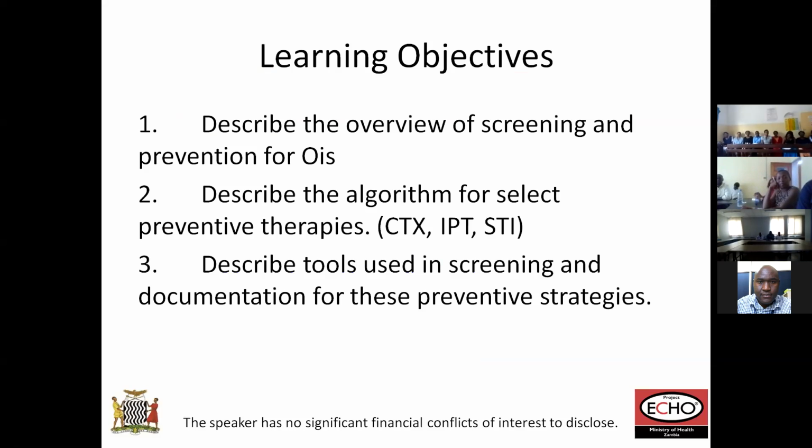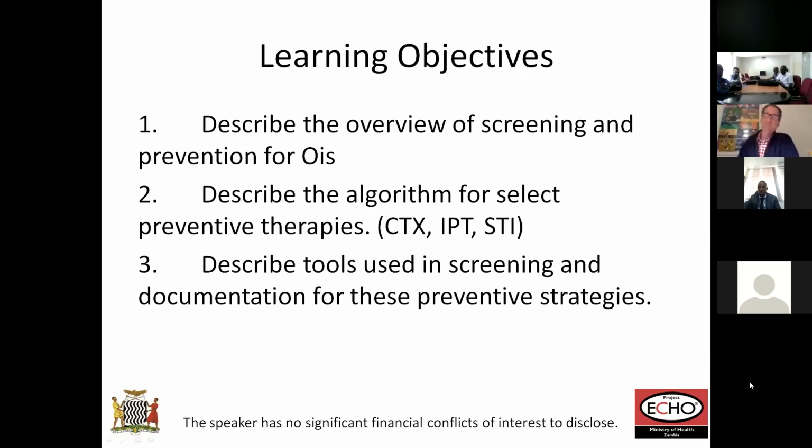The objectives for today are these three: to describe the overview of screening and prevention of OIs; then describe the algorithm for selected preventive therapies, that is cotrimoxazole, isoniazid preventive therapy, and for STIs; and then describe the tools used in screening and documentation of these preventive strategies.